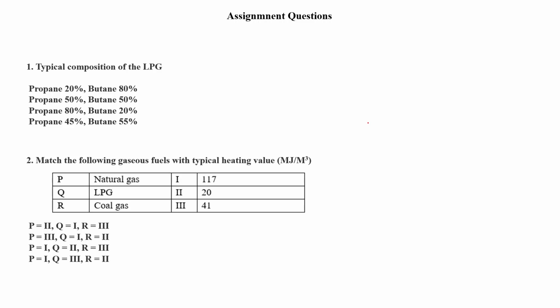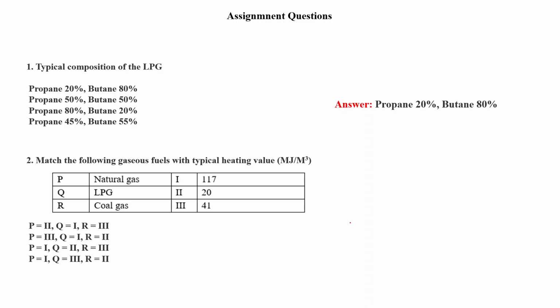Anyone? Do any of you know the answer for this? The answer is that LPG mainly consists of propane and butane, and the answer is 20% propane and 80% butane.